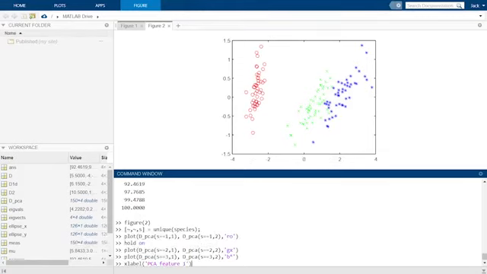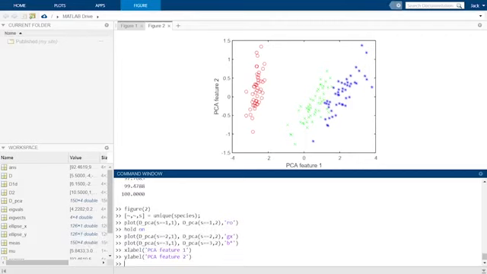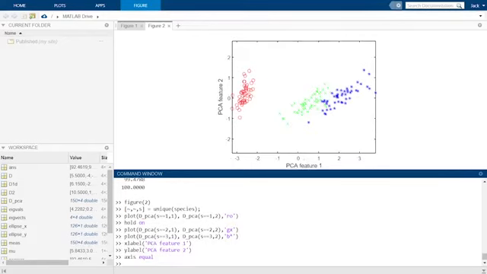We can label our axes. And so now we can see we have a much more compact representation of these data than the 6 scatter plots we used to try to interpret this data set previously.